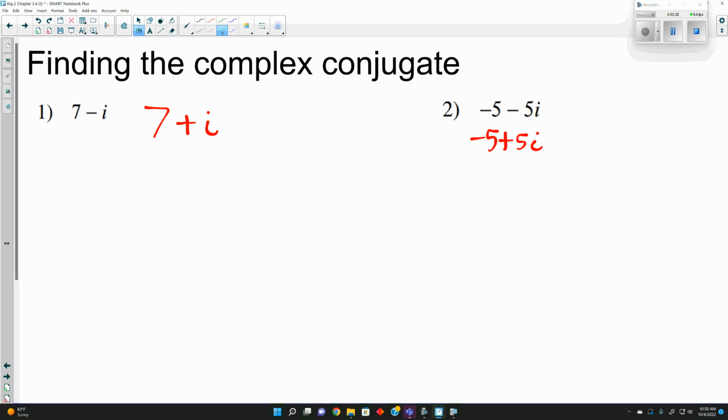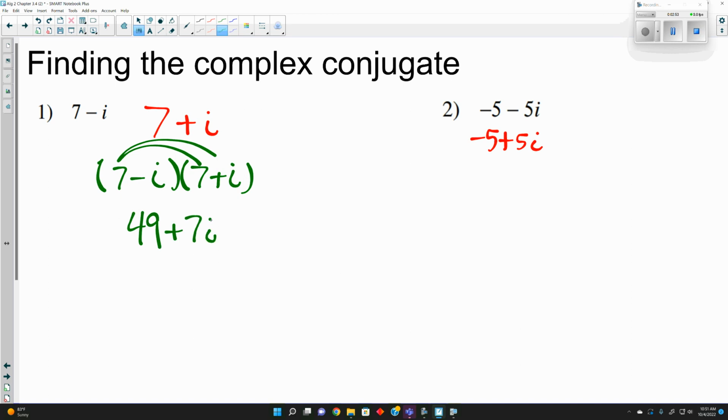Now there is something special with complex conjugates. If we look at 7 minus i and 7 plus i, I want to multiply these two together. 7 times 7 is 49. 7 times i is plus 7i.